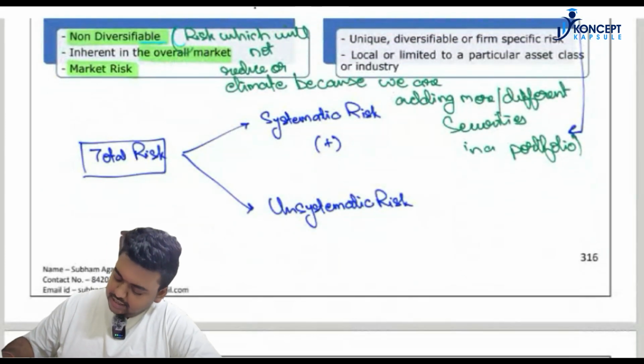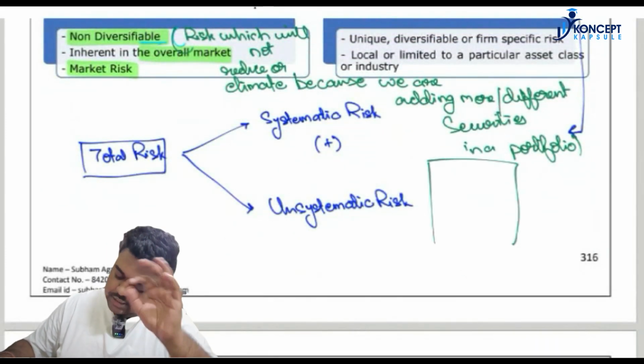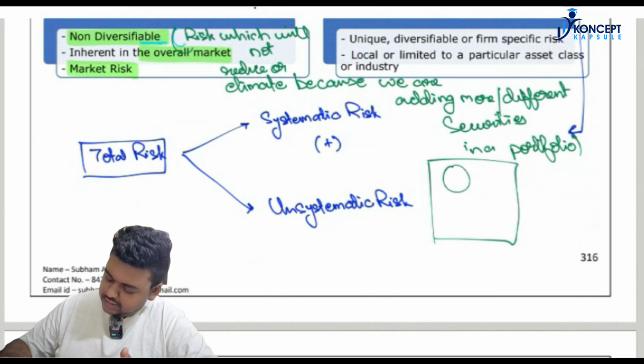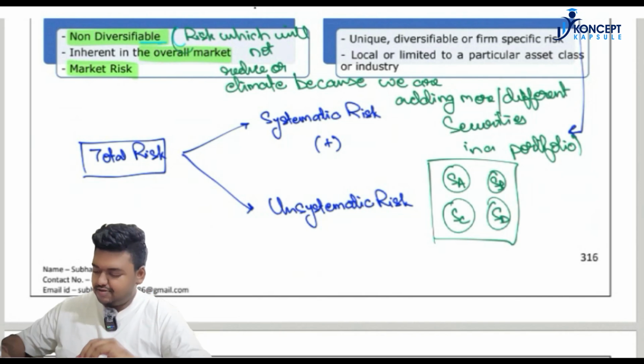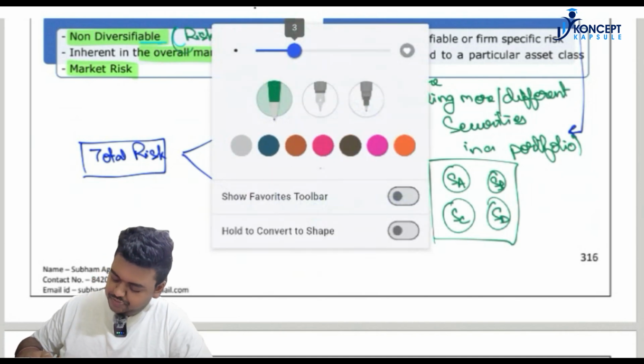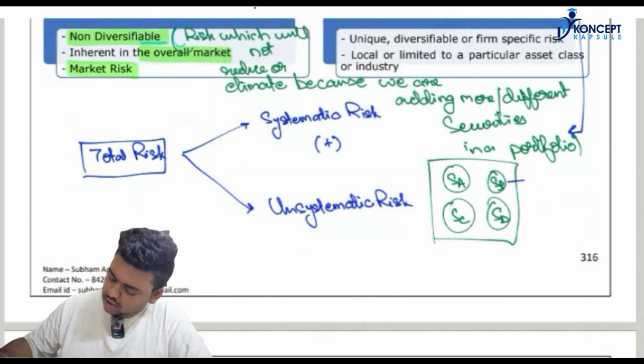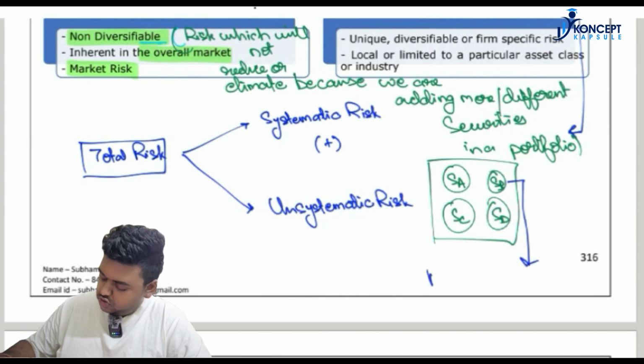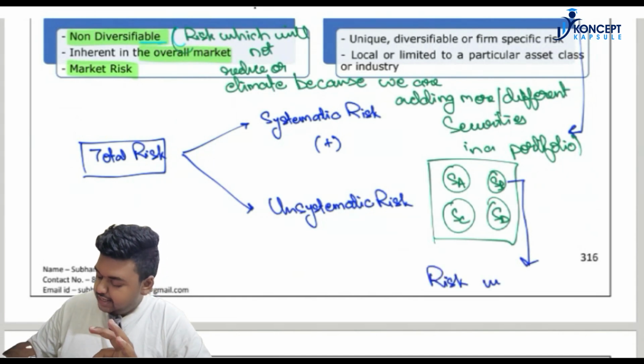What does it mean? Irrespective of what security you put in the portfolio, security A, security B, security C, security D, this systematic risk will be there in all the securities.